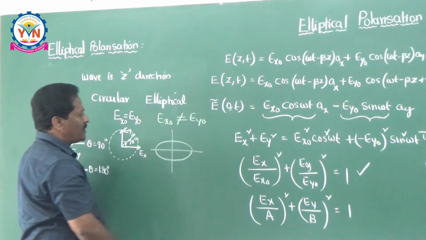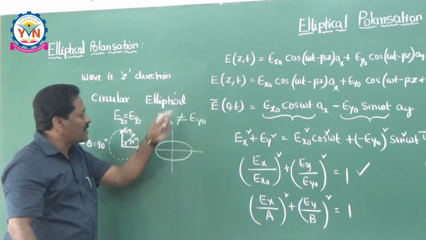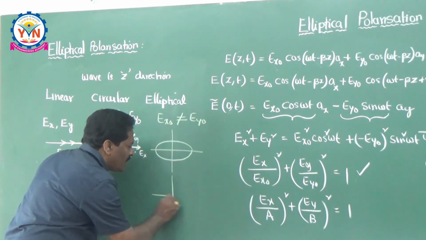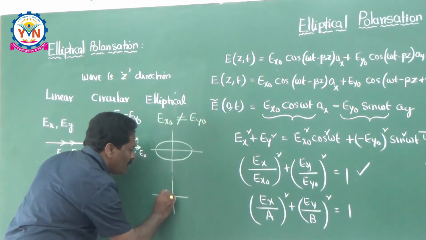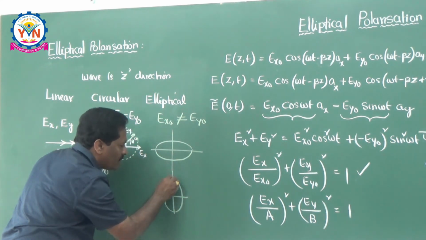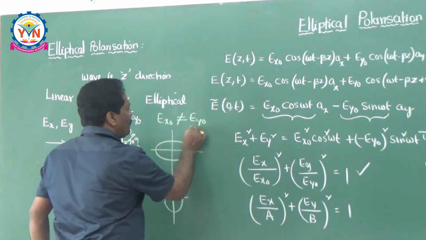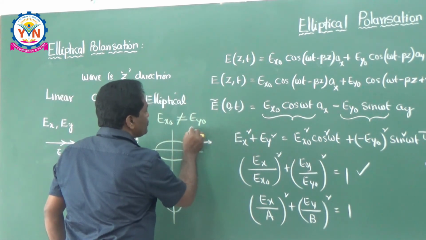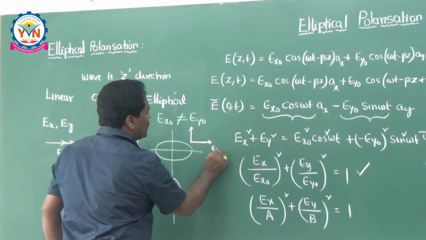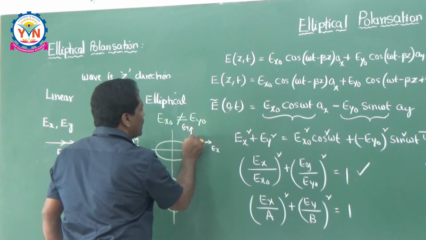It is the shape of this one. Suppose Ey naught is dominating, then it will be along this one, like this. And one more thing here also, the phase difference between your Ex and Ey should be 90 degrees.